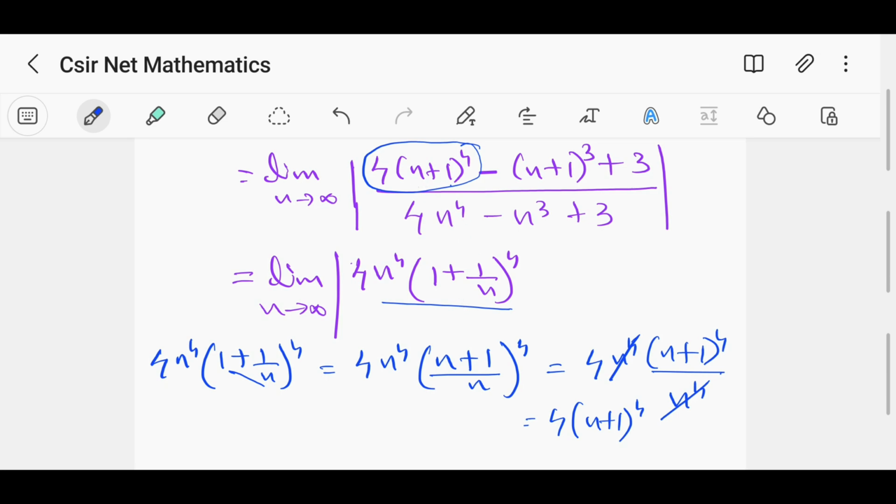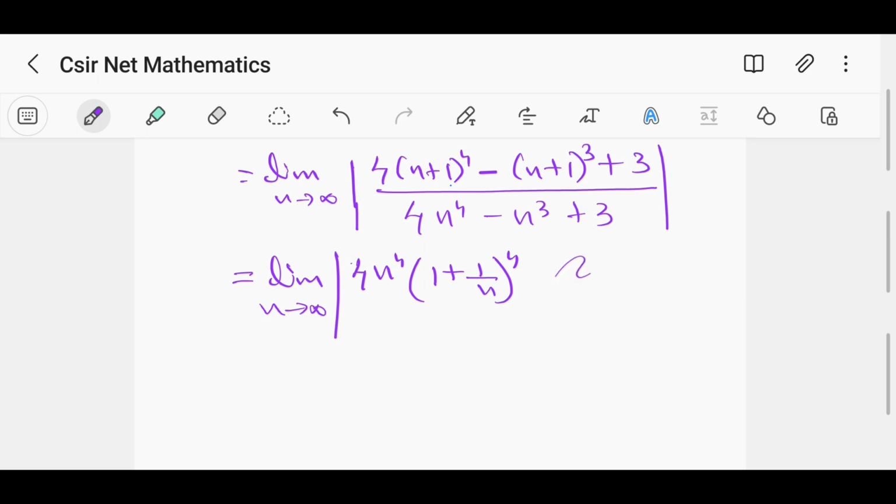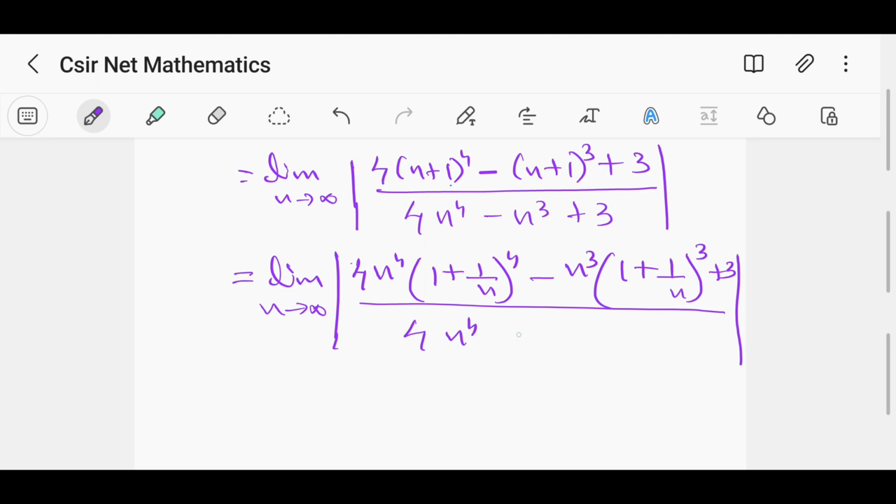Okay. Now similarly we can write this term as minus n^3 into (1 + 1/n)^3. The last term will remain as it is, plus 3, divided by the denominator, let it be as it is, 4n^4 − n^3 + 3.